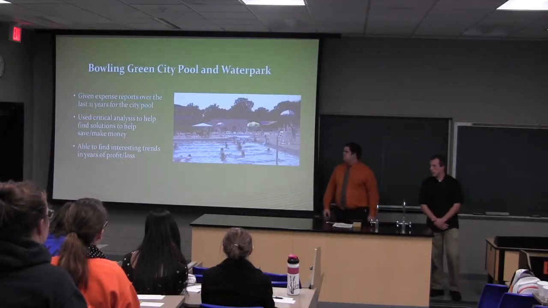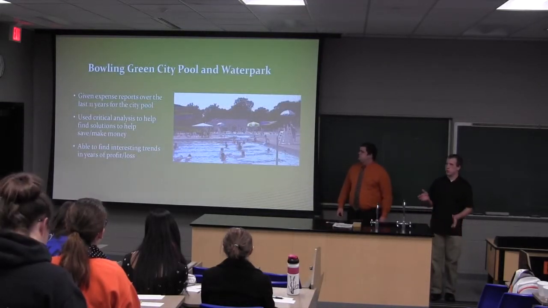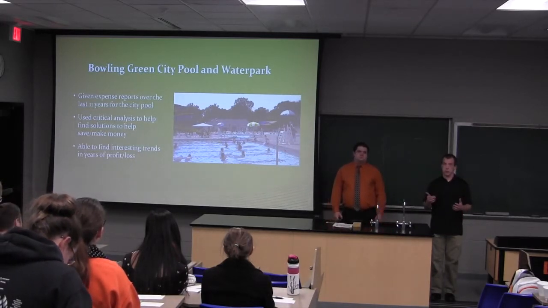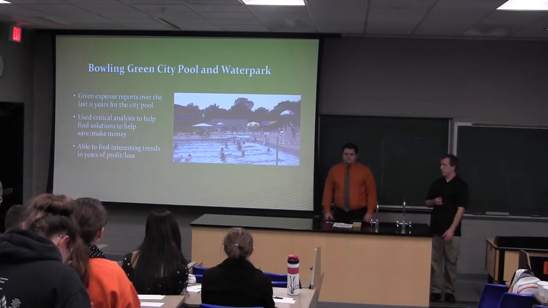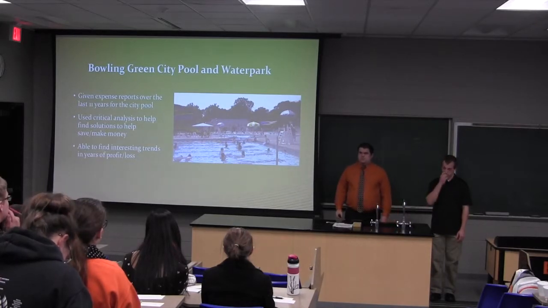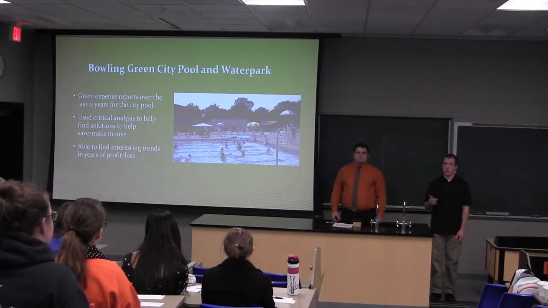Then with the city pool, like I alluded to earlier, he gave us a spreadsheet of the expenditures and revenue sources and their marginal profit for the past 11 years. I think it started in 1993, and for about the first 7 years or so, they lost a lot of money before they made changes and got more people coming into the pool.